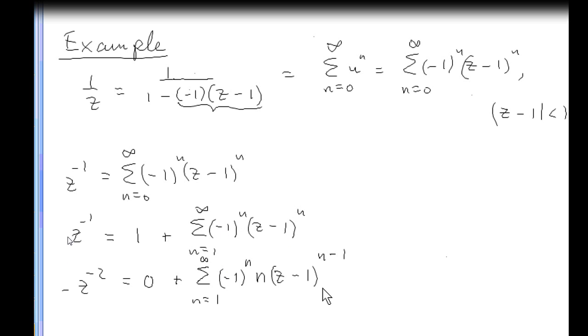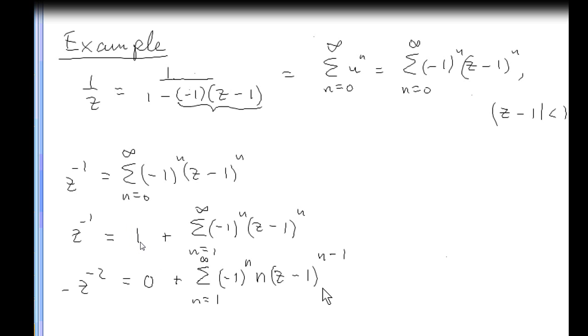If I now want to find the Laurent series for the derivative of this function, I just do the following. The derivative of this guy is just equal to minus z to the power of minus 2, and I differentiate this term by term.